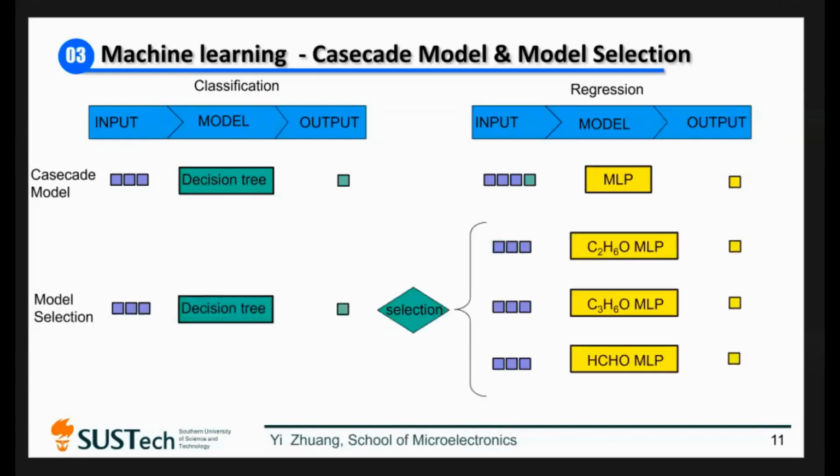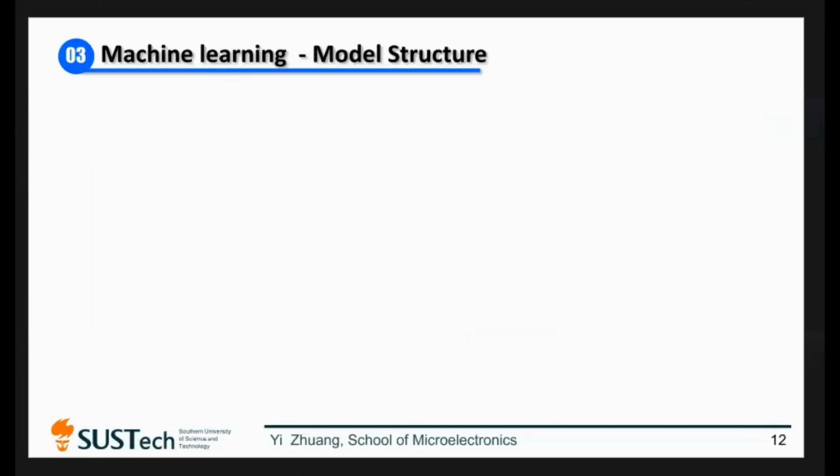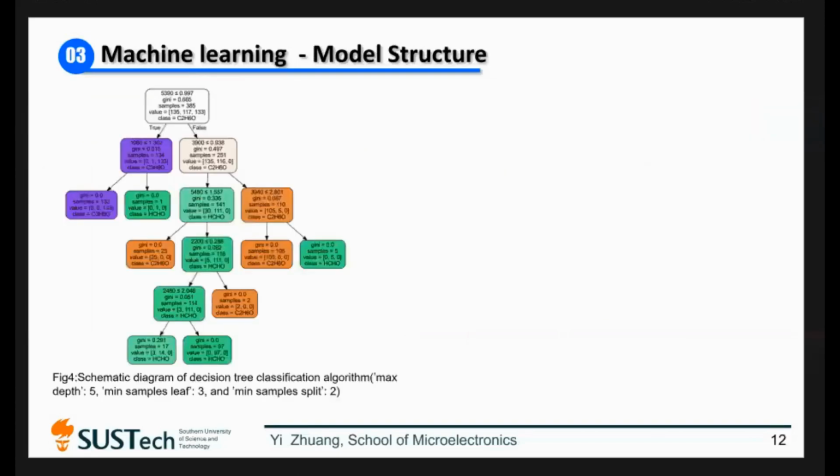For model selection, it has the same process in the classification phase. Then we choose a specific model we trained before for a specific gas type. Then we can get its regression output. This figure is the decision tree algorithm structure.